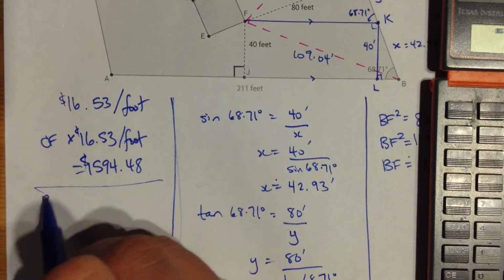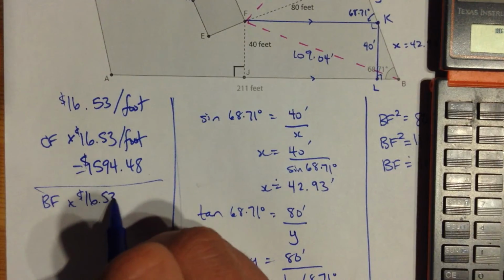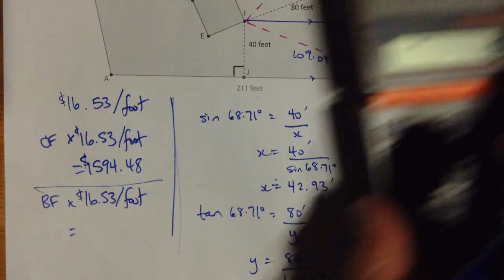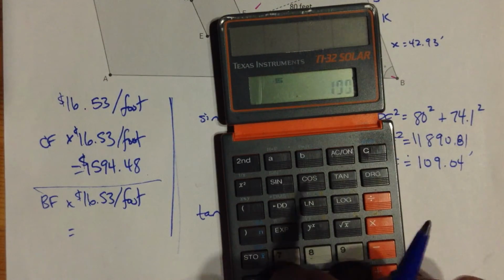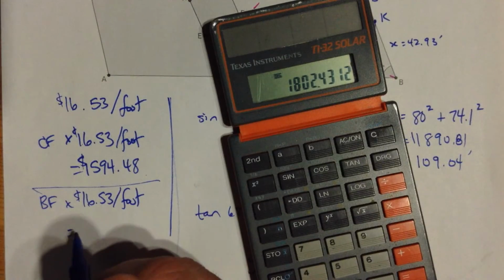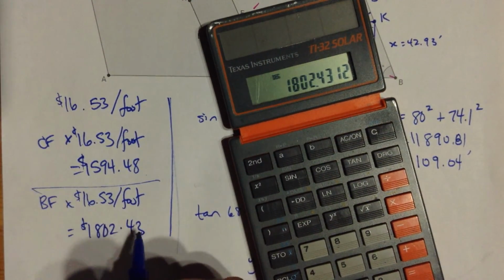And the other side, if I take BF times the same price per foot, BF was 109.04. Multiply that by 16.53, and I get $1,802.43.